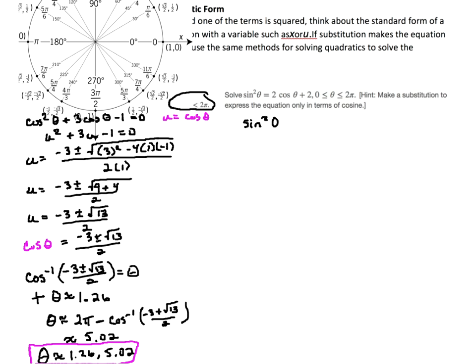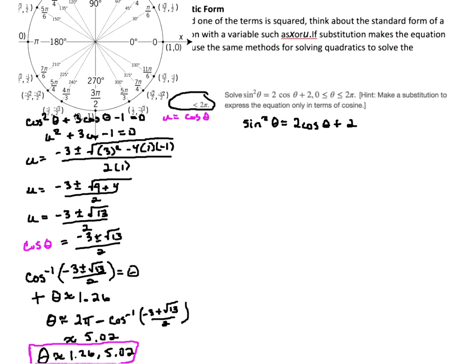Okay, so I start out with sine squared theta equals 2 cosine theta plus 2. When you're solving trigonometric equations like this, you don't want more than one trig function showing up. So what I'm going to do is be clever here.